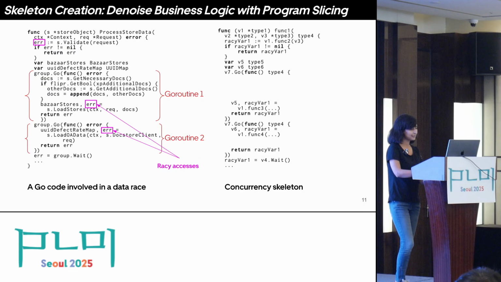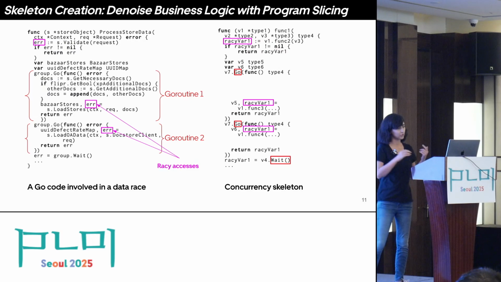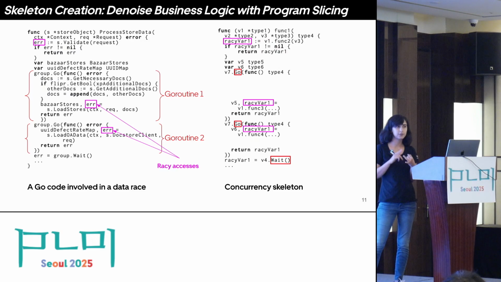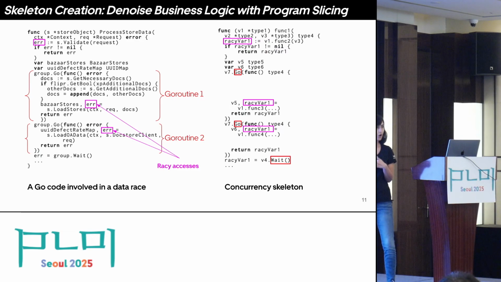So now let's look at the concurrency skeleton on the right side. You can see here that we have the err variable that is renamed to the racy variable, and all of the concurrency structures in Go, such as the go and wait, are kept as is, but the rest of the statements are dropped, and all of the other types, functions, and names that are not related to the concurrency are renamed as just generic names.